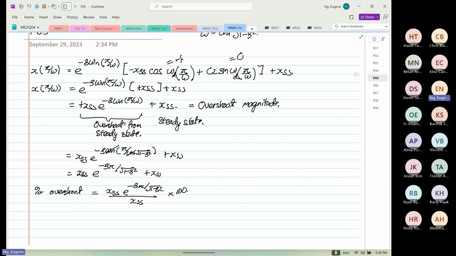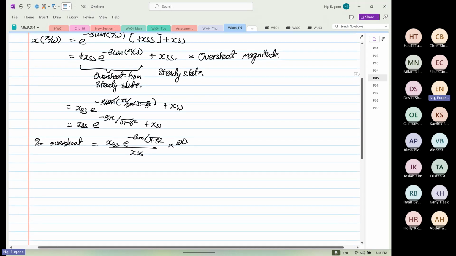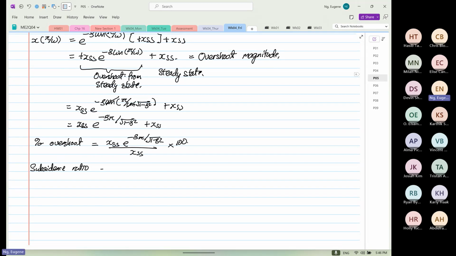So the next one, we ask for subsidence ratio, which is equal to the second overshoot divided by the first overshoot. So this will be equal to XSS e^(-zeta 3 pi over square root of 1 minus zeta squared).